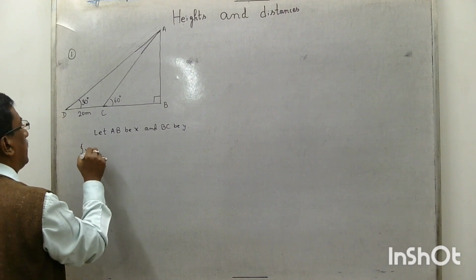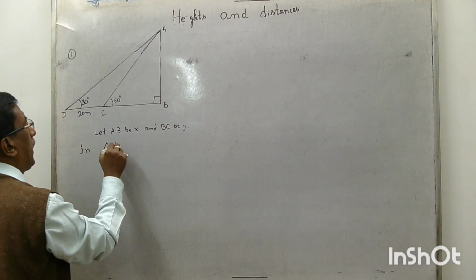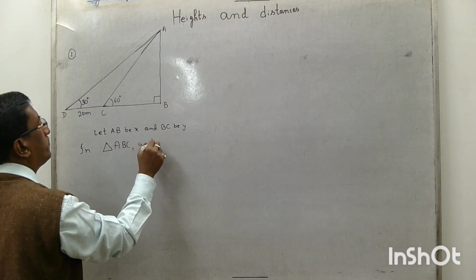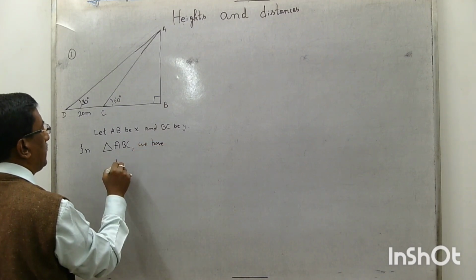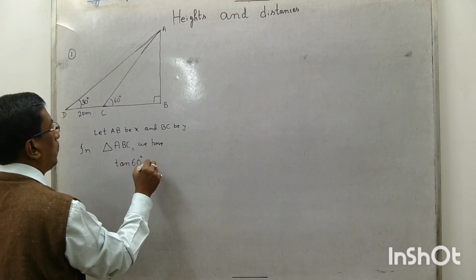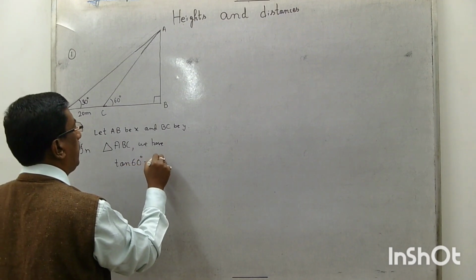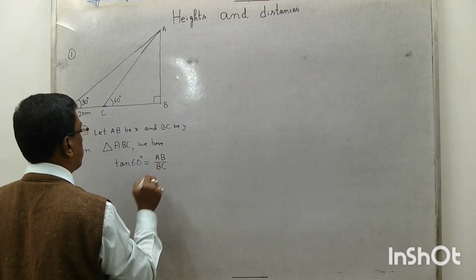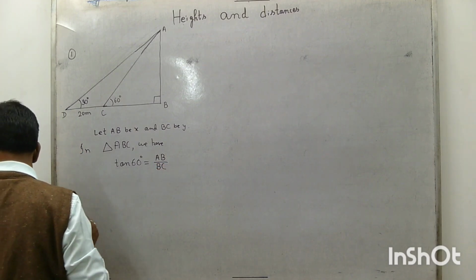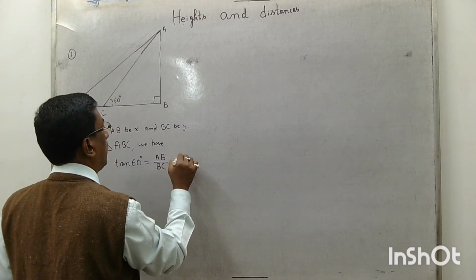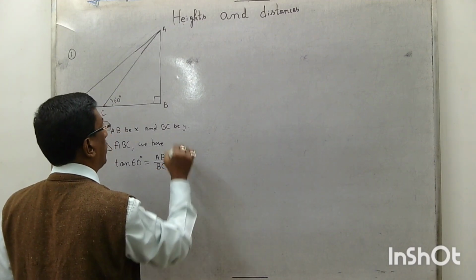In triangle ABC we have tan 60 equal to AB by BC, that is equals to x by y.